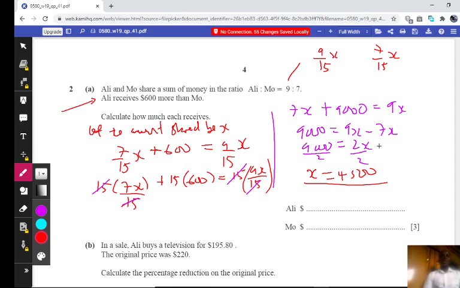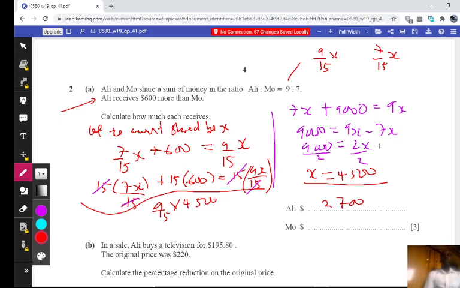But what you want is the amount that was received by each of the two. So we start with Ali. He received 9 over 15 times 4,500. You punch it in your calculator and you get 2,700.